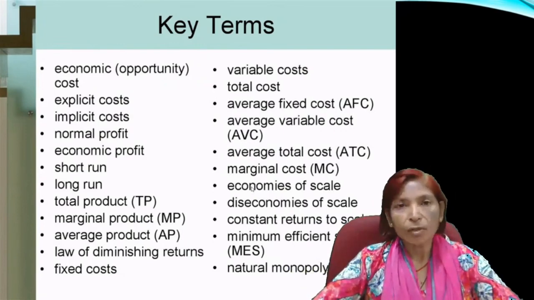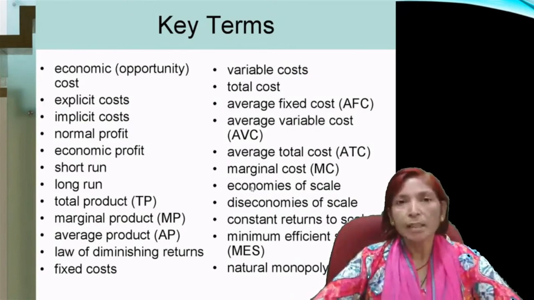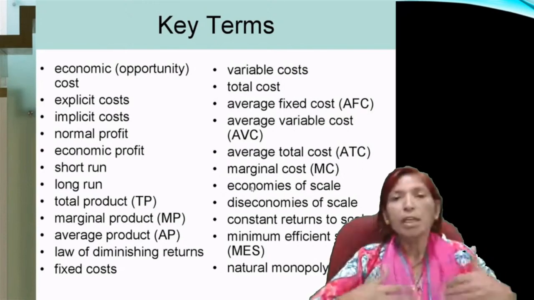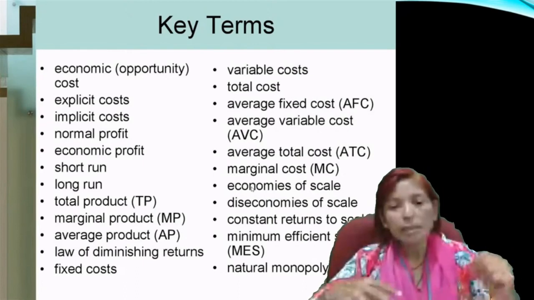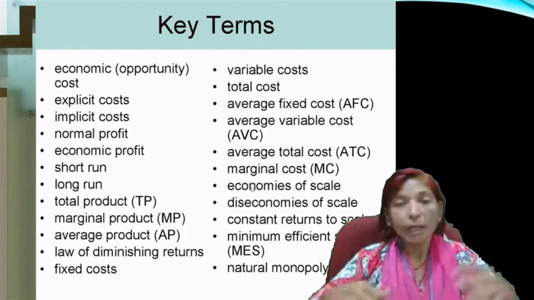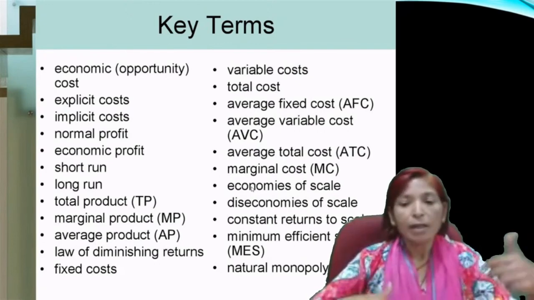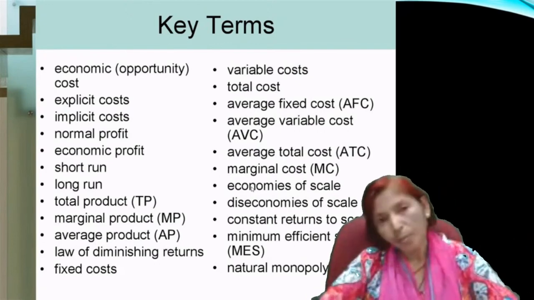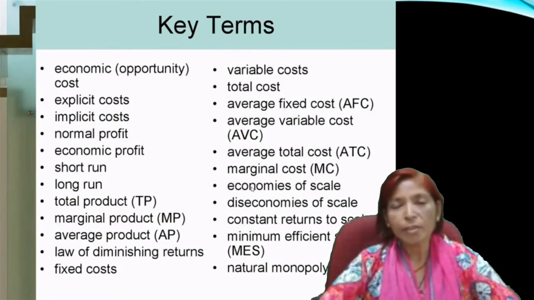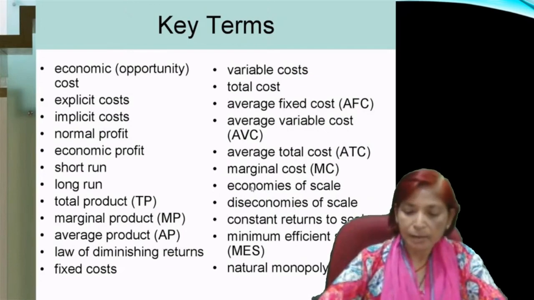That is called natural monopoly. So natural monopoly always exists in case of public utilities like Delhi Jal Board lines or MNGL lines or LPG connections and metro rail connectivity. All these things are related with natural monopoly. So these are different terms which we will use in this production and cost analysis.